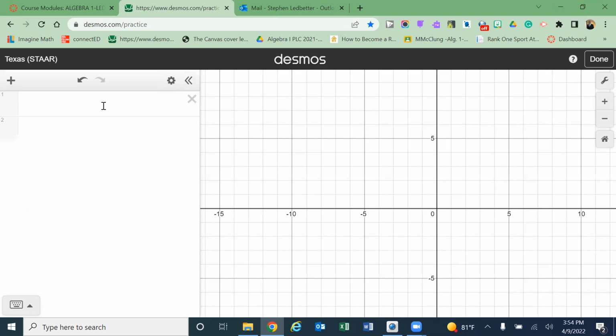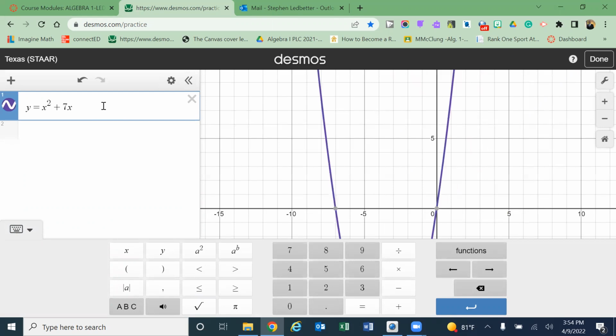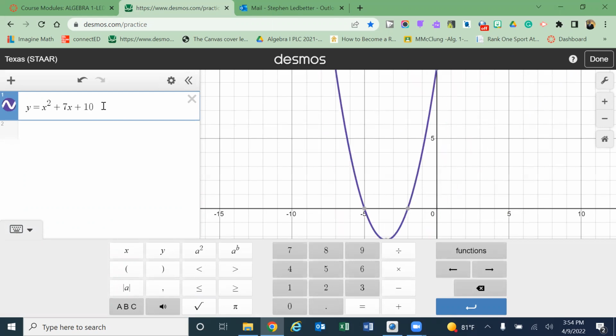I'll show you the answers written down so you can see it later. All right, so the next one, we're on number 17. So the question is y equals x squared plus 7x plus 10. All right, so there's my equation.